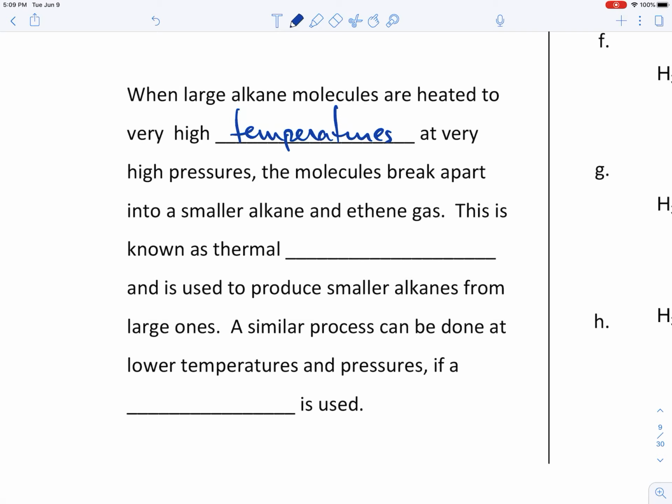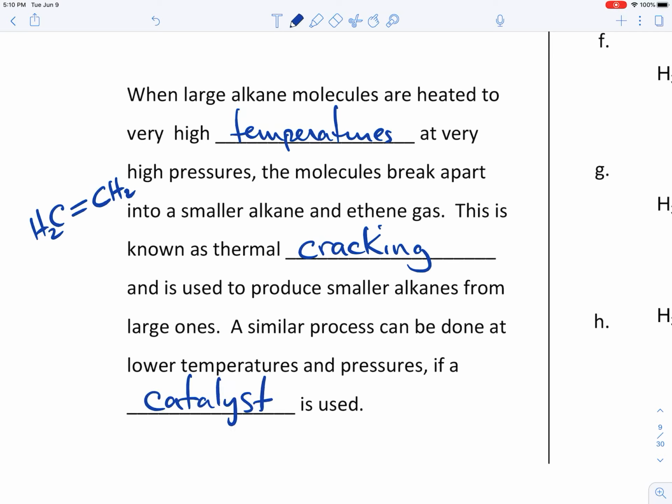Ethene gas would have two carbons and a double bond, alkene, and we'll throw some hydrogens in to give them 4 bonds each, and that would be ethene gas. That process of heating the alkane to high temperatures so that it breaks apart is referred to as thermal cracking, and it's done in oil refineries. It can be done at lower temperatures and pressures, but if so, you need to use a catalyst to make that possible.